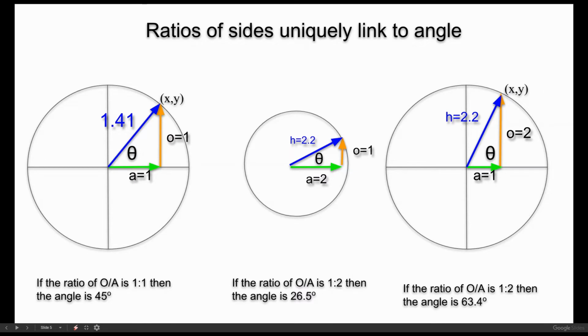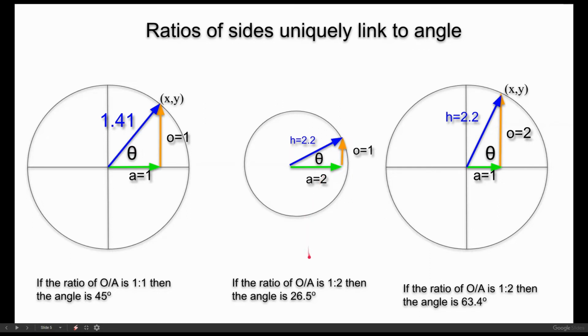Each ratio of a triangle uniquely links to an angle. This triangle, if the opposite and the adjacent sides are the same length, 1 and 1, 2 and 2, 10 and 10, pi and pi, 6.34 times 6.34, on both of these, the angle is going to be 45 degrees. What happens if this triangle is twice as long as it is tall?